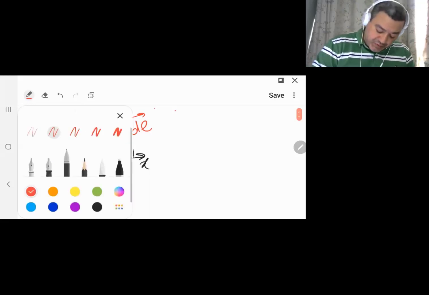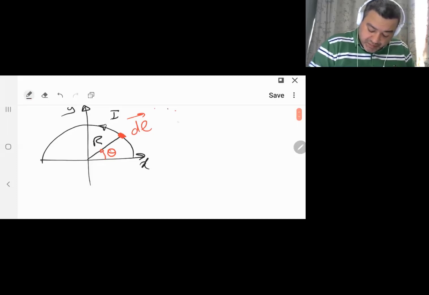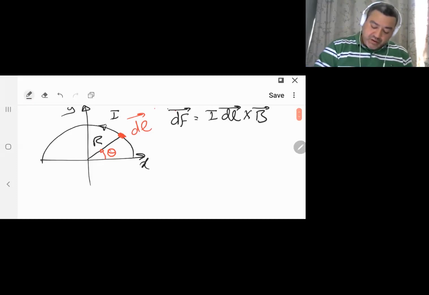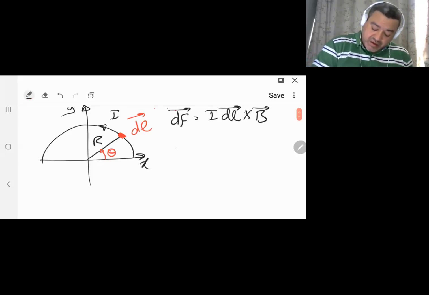So if I am now to put the equation for the magnetic force, it would be dF equals I dL cross B. So what is dL here? dL is a differential length, and it's a vector in this case.